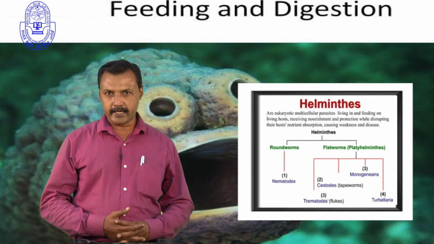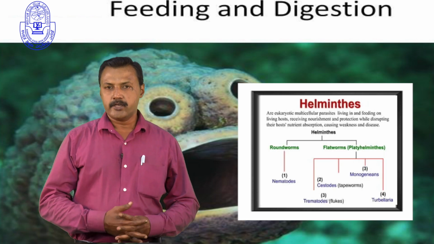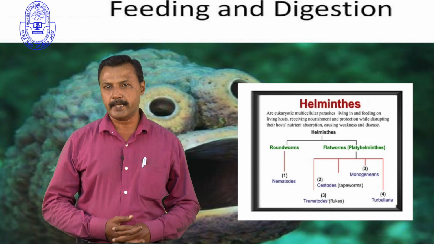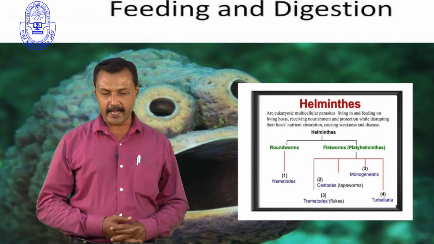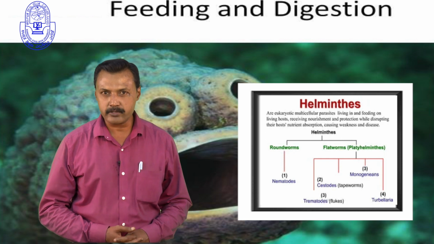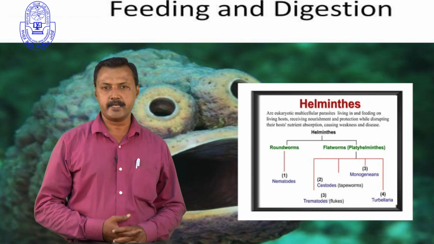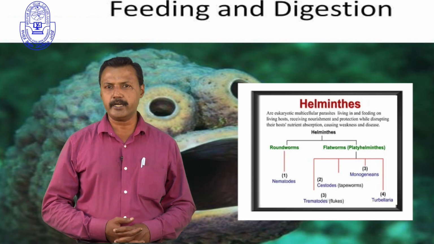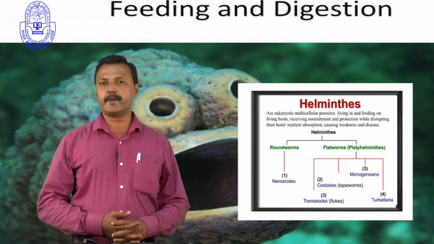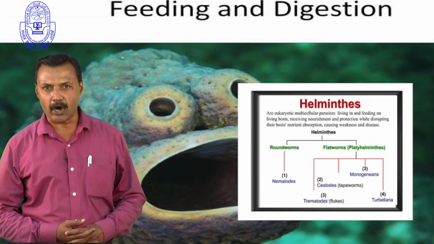Feeding and digestion in the case of helminthes. Helminthes is a group of animals that includes mainly two important phyla, the phylum Platyhelminthes and the phylum Nemathelminthes. The Platyhelminthes are the flatworms, whereas the Nemathelminthes are the round ones.